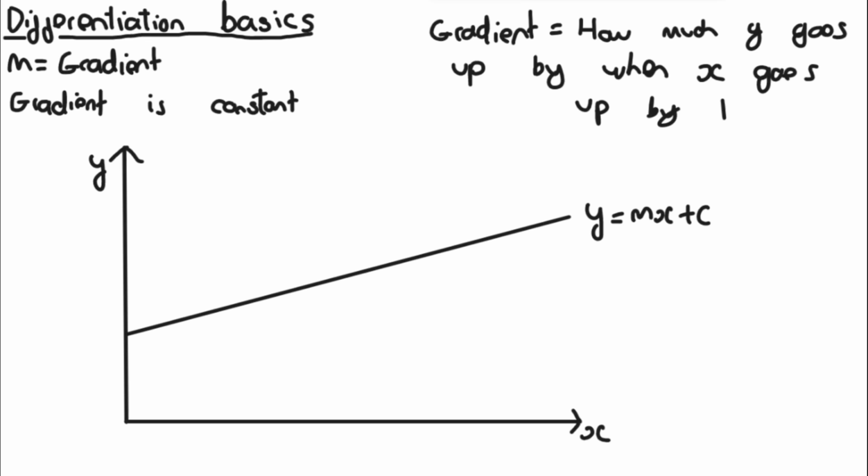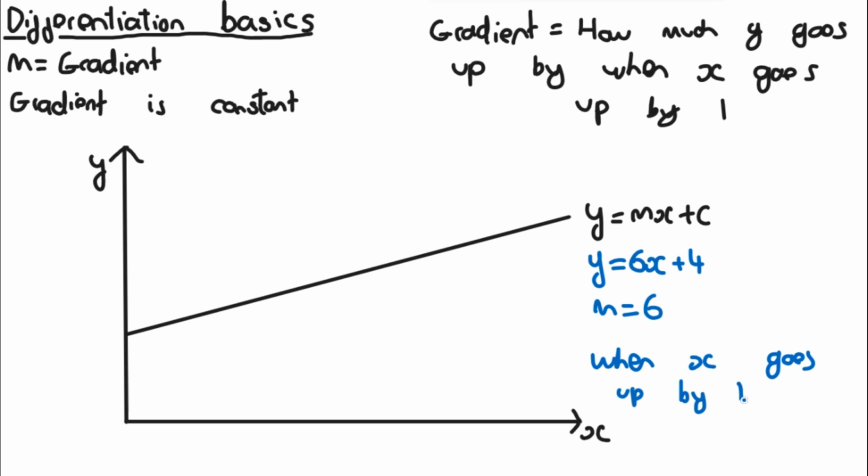So for example, let's just say that the equation of this line is y is equal to, I don't know, 6x plus 4. That means the gradient is equal to 6, and that means when x goes up by 1, y goes up by 6.